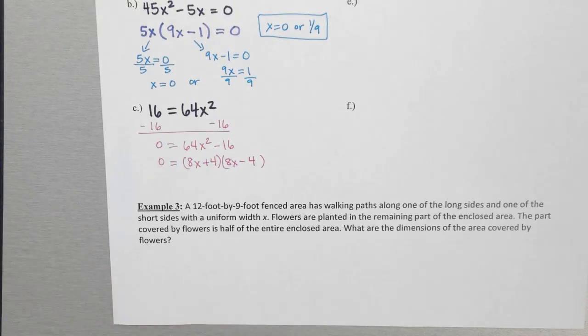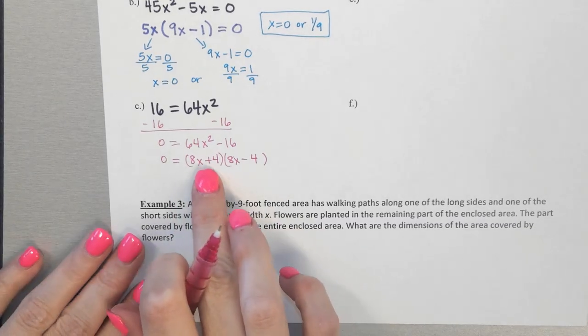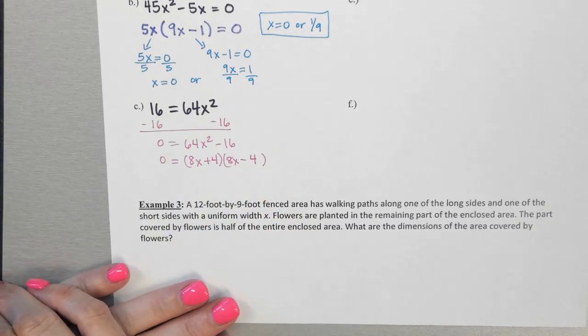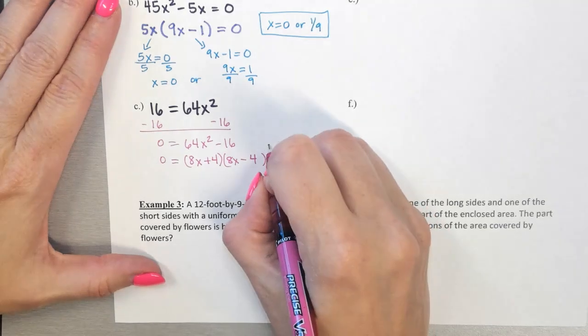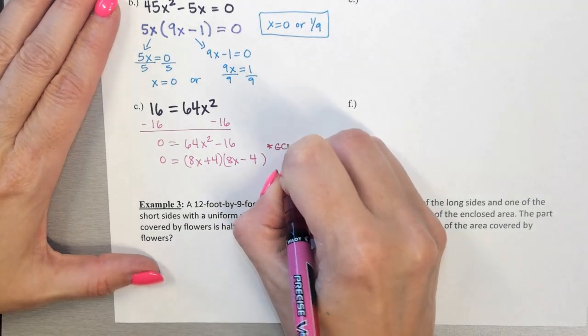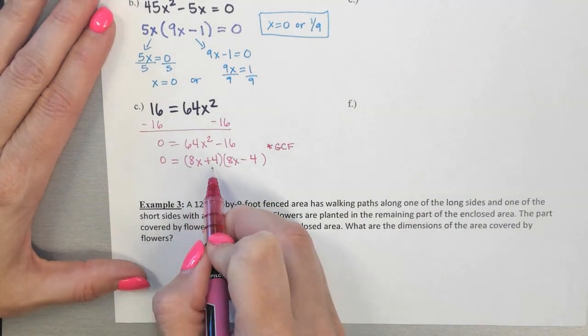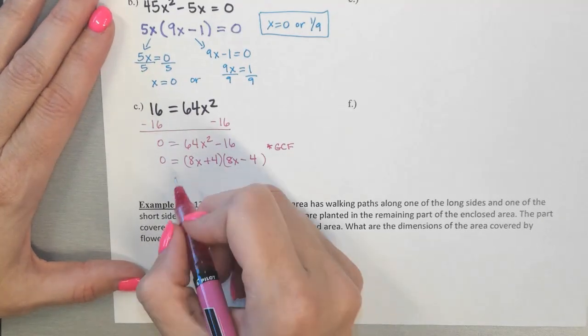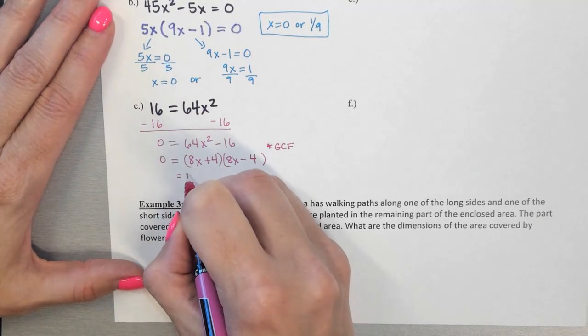Okay, now once you get here, I want you to notice something. If you use your difference of two squares, because we are factoring, what do you have in each of these? You have a GCF, right? 8x and 4, what can I take out? 4.